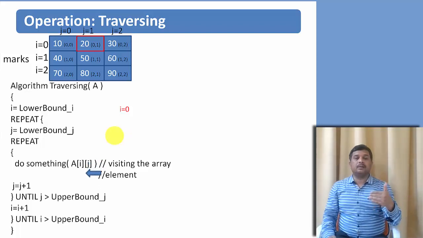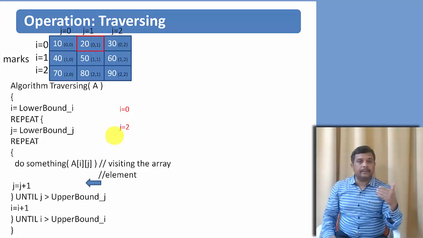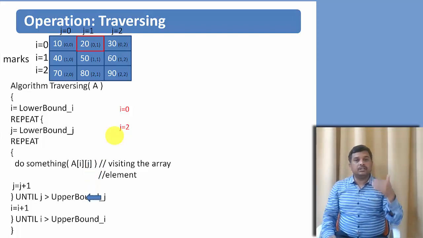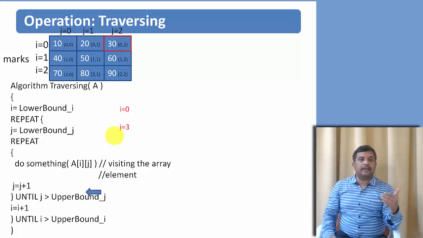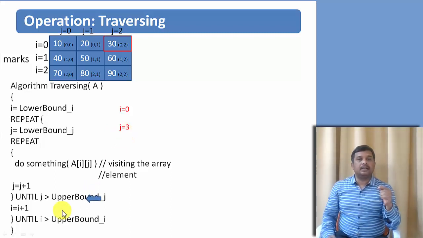Again we do some work, again j is incremented by 1, we check the boundary condition, and we repeat. After this increment, j becomes 3. It means the condition holds, that is, j is now greater than the upper bound.